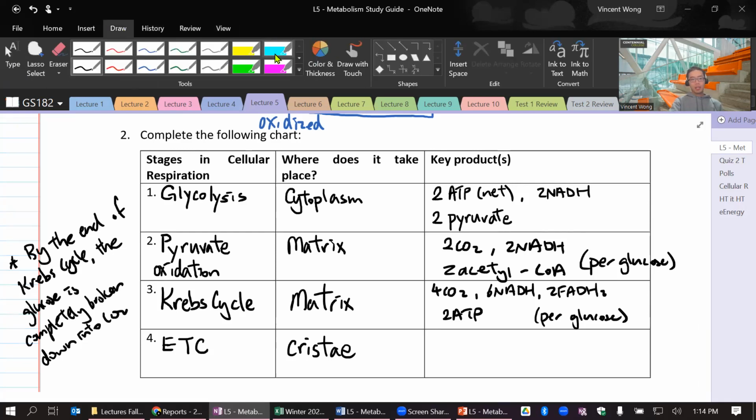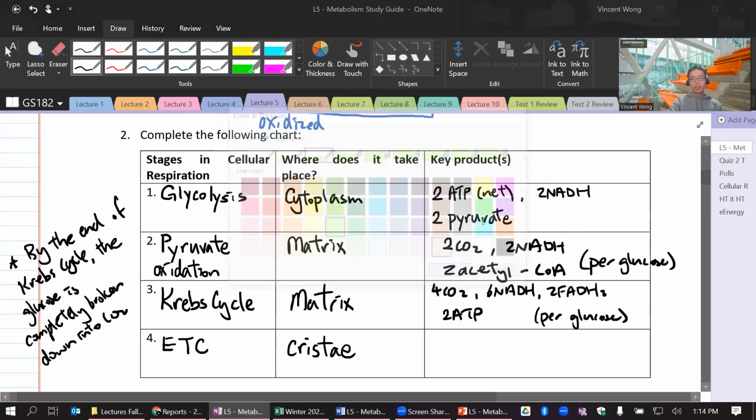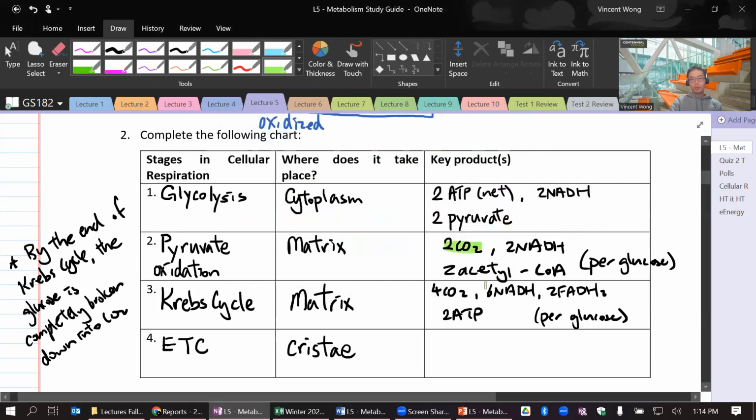We can account for all 6 carbon dioxide. 2 plus 4 is 6, right? So we started with 6 carbons in the glucose, and now they're all released as carbon dioxide.